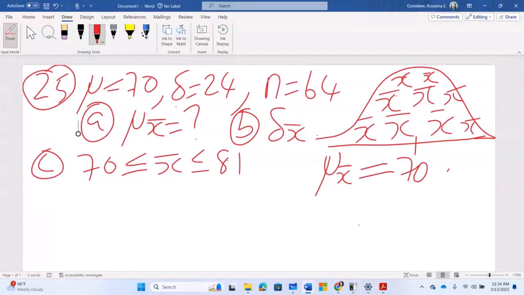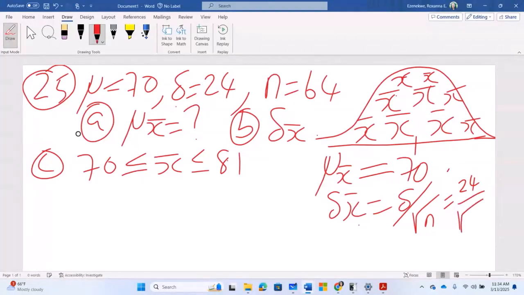And I am told to find the standard error. Standard error is equal to the standard deviation of the original data divided by the square root of the sample size. The standard deviation of the original data is 24, divided by the square root of 64.